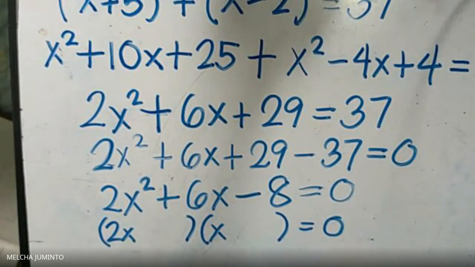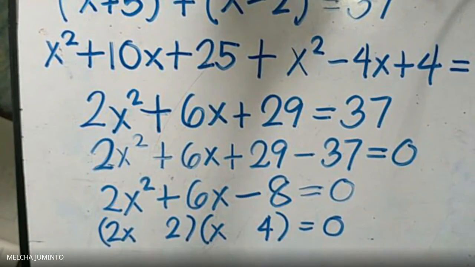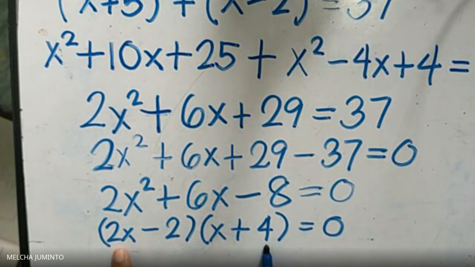Since it is negative, we can now write here 4 and 2. And then positive, negative. We have 2x minus 2 times x plus 4. If we check, 2 times 4 equals 8. Negative 2 times x... 2x times 4 equals 8x minus 2x, 6x. And negative 2 times 4 equals negative 8.